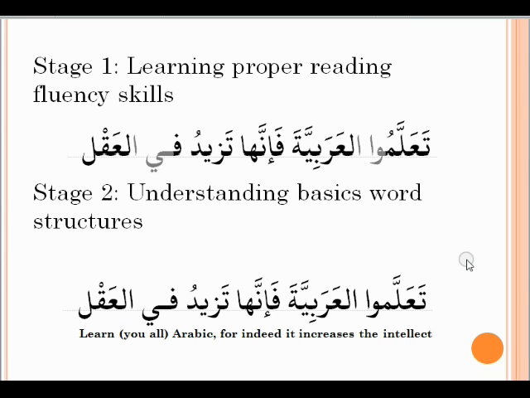You can compare it in English with the words school and scholar. They have a connected meaning related to learning, but the different letters within each word give it a slightly different meaning from the other. This is also done in Arabic.